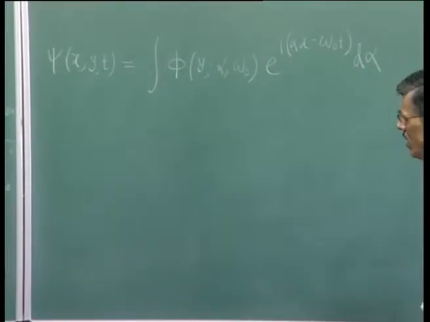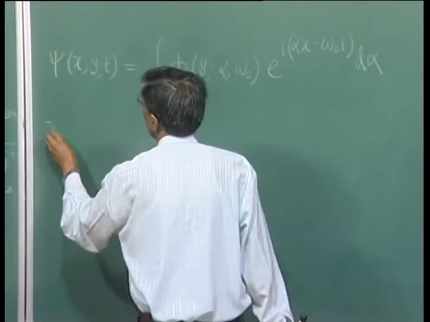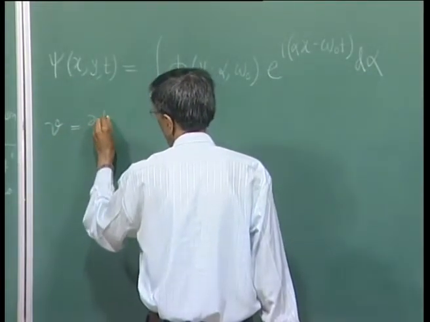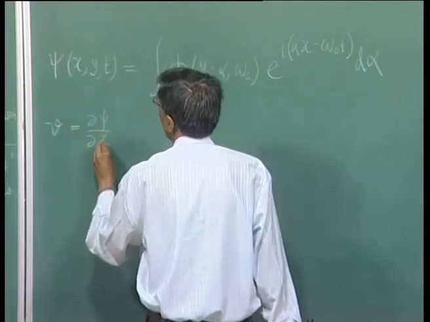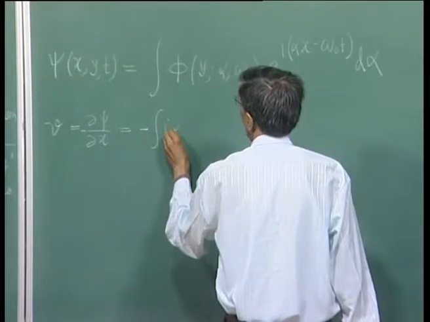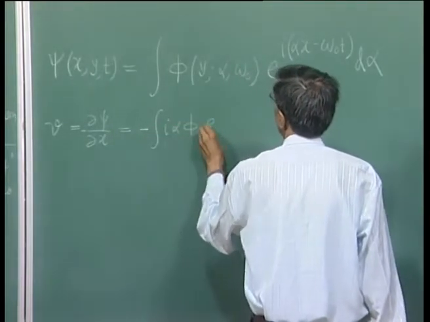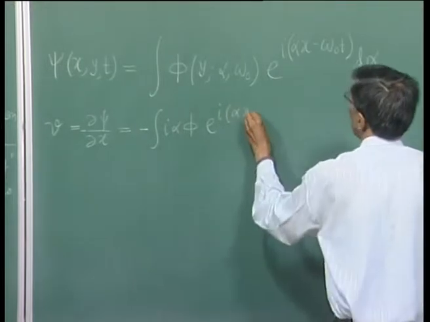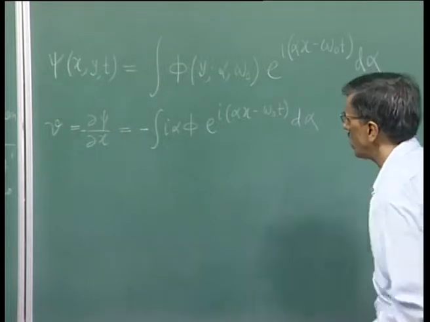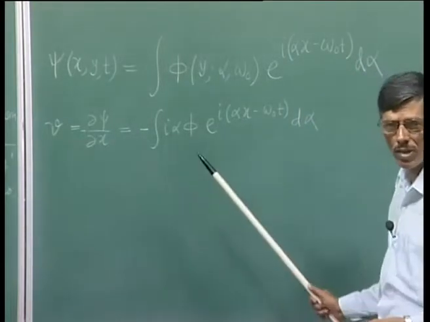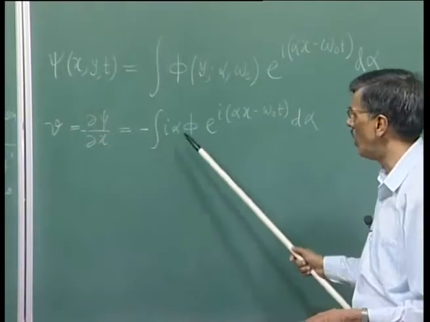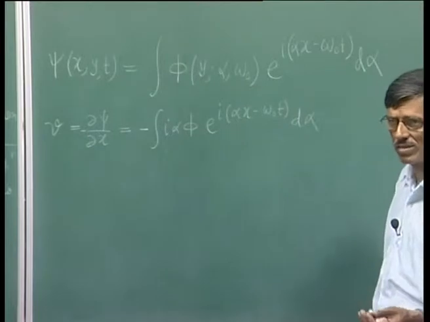If we do this, then you can see that the v velocity that we are talking about will be minus del psi del x, and that will give you minus i alpha phi e to the power i alpha x minus omega naught t d alpha. So, you can see whether you ascribe phi with the v velocity amplitude directly or the amplitude of the stream function, it is essentially the same thing.